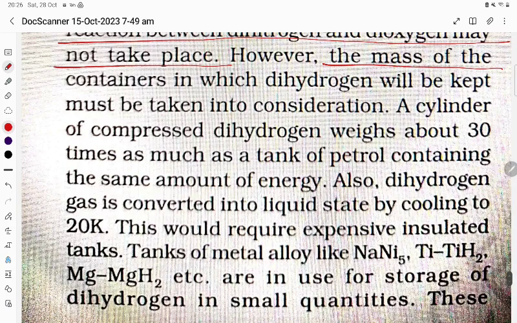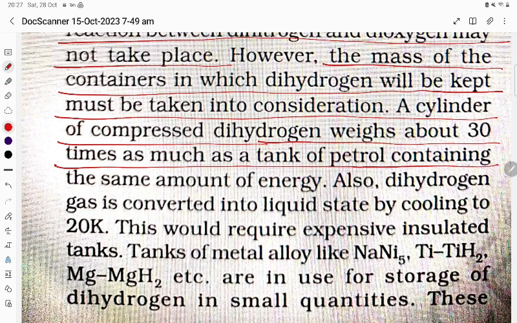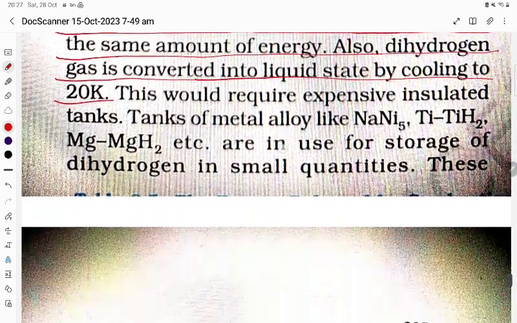However, the mass of the container in which dihydrogen will be kept must be taken into consideration. A cylinder of compressed dihydrogen weighs about 30 times as much as a tank of petrol containing the same amount of energy. Also, dihydrogen gas is converted into liquid state by cooling to 20 Kelvin.